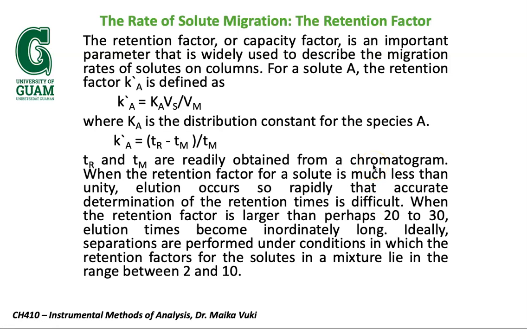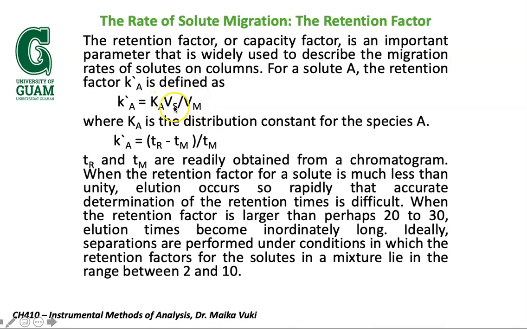Now, one representation that's a lot easier to work with in chromatography is what we call the retention factor. For the rate of migration, instead of using the equilibrium constant values, we can relate it to this term called the retention factor. The retention factor is essentially the equilibrium constant, or partitioning constant, multiplied by the ratio of the volumes.